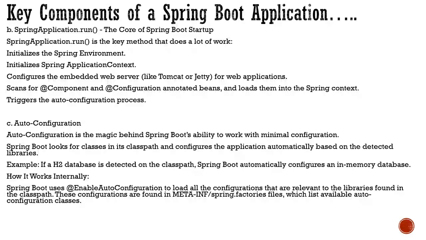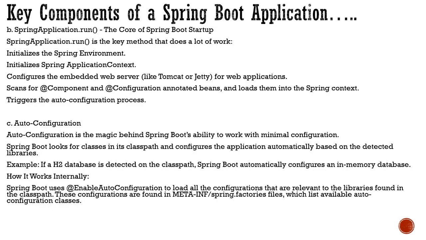Now, for example, let's say you have an H2 database, right? That is detected in your classpath. Now, what Spring Boot will do, it will automatically configure your in-memory database, right? It will configure all the libraries and other details, and then it will make it available to you, right?